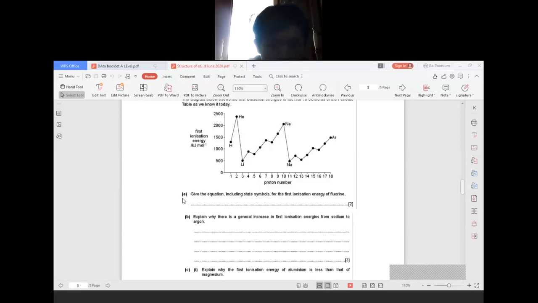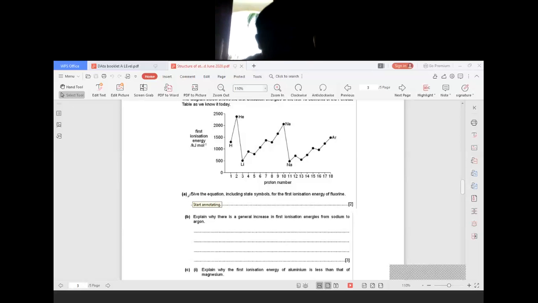In order to undergo ionization, the fluorine element must be F2 as a gas. It must undergo atomization to F gas.